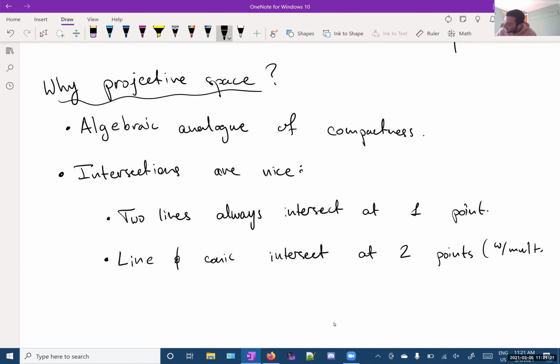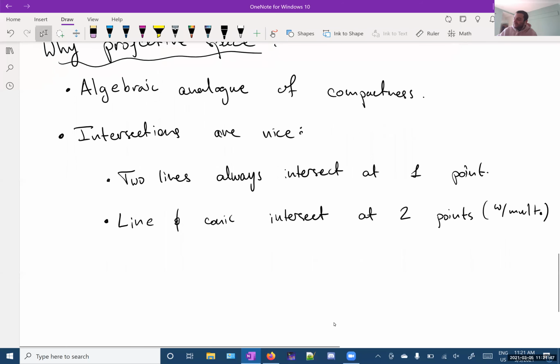So I need to specify this because of course I could have like a circle and then a line tangent to that circle. It intersects the circle at only 1 point, but that point has multiplicity 2, right? And then if I move the line away from the circle, then I have to say, okay, well, this line actually intersects the circle at 2 complex points somewhere. So, you know, the pictures don't always work out, but everything always intersects in sort of a nice way.